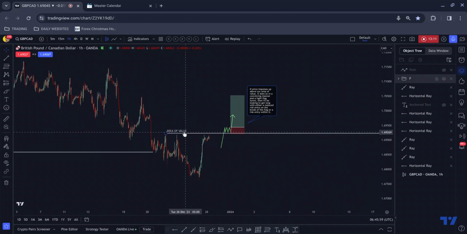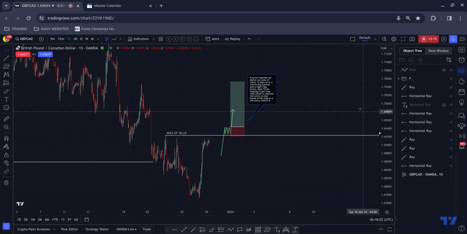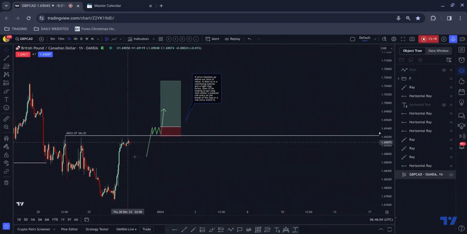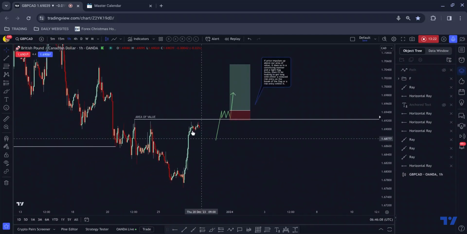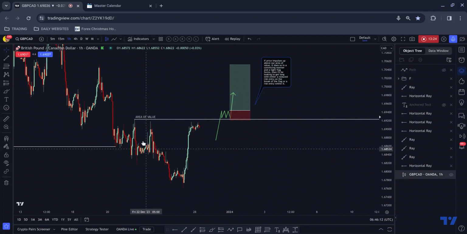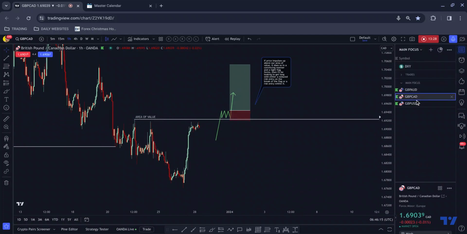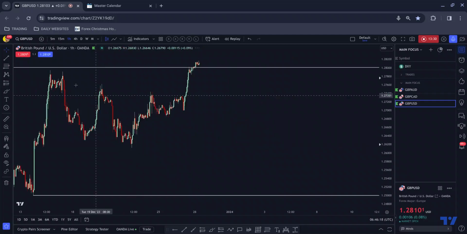And I have an alert set just above the area of value. If that does not trigger, then I will not be looking to place a trade. I'll not be getting trapped into the market here, which this could easily be a trap. So I'll not be looking to get long until price breaks above the area of value. So that is pound CAD, pound dollar.